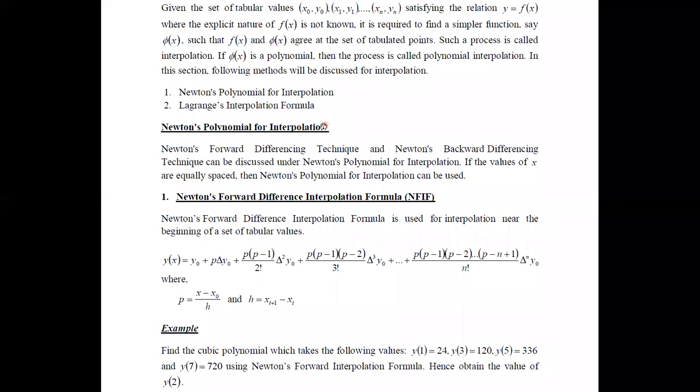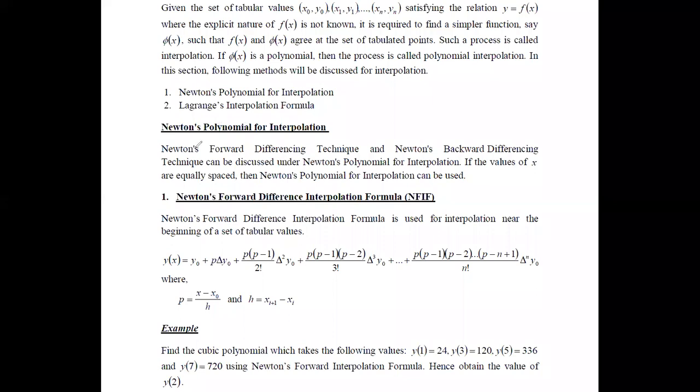The important thing to keep in mind is that we can apply Newton polynomial interpolation only if the values of x are equally spaced. According to the situation, we may use Newton's forward differencing technique or the backward differencing technique.